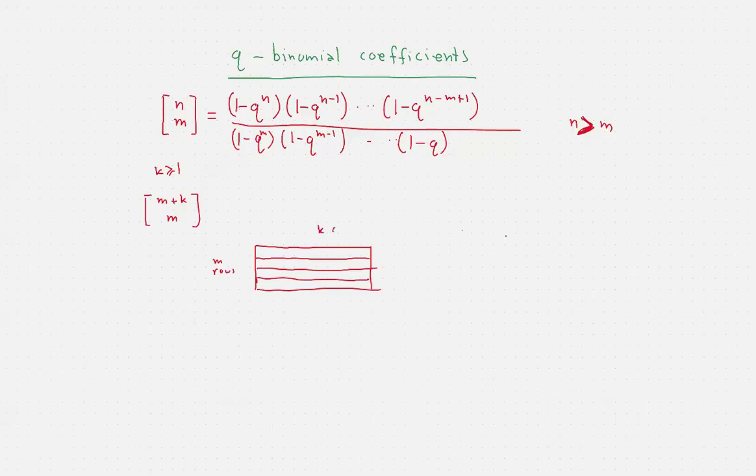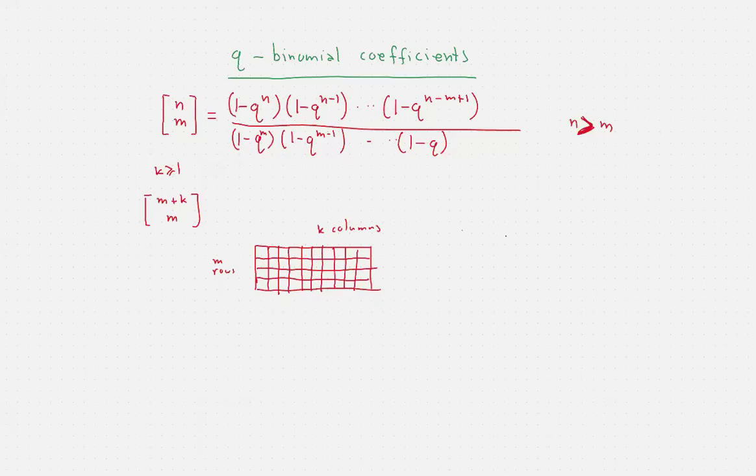And we ask the question of how many partitions in general fit in this rectangle. And we want to think of a partition in terms of its Young diagram. So you see that there's indeed a restriction on both the numbers that we have in the partition.